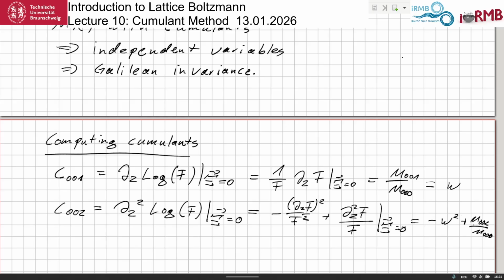In this M002 there is a w squared in it, so this will disappear and we only get the central part of the moment. This automatically gives us a central moment already. And this is pretty interesting, if you will.